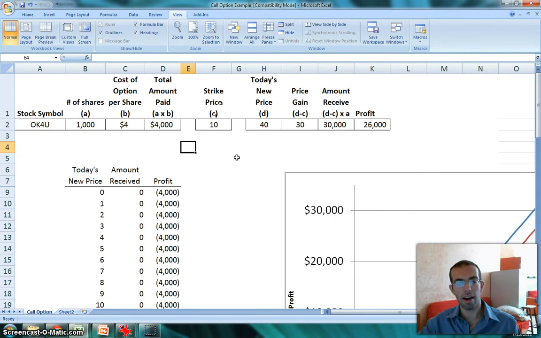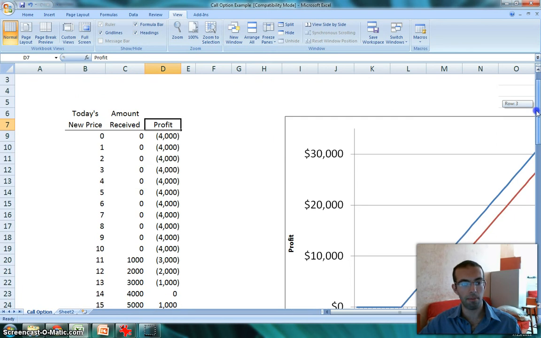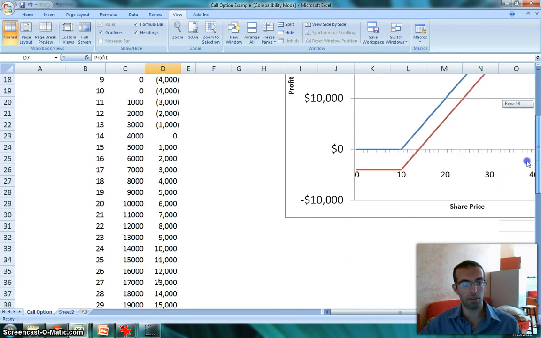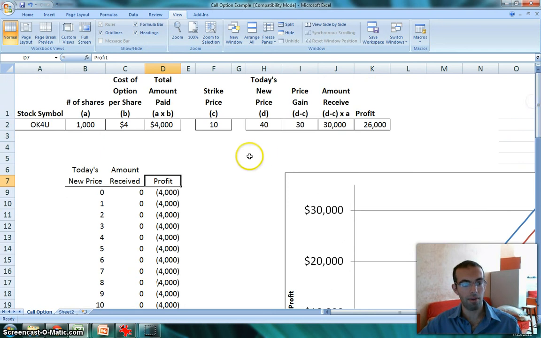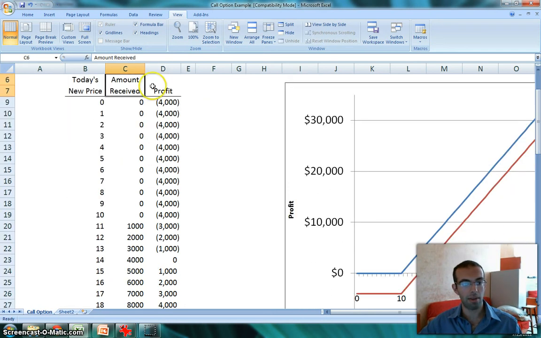So in this case, I'm zooming out a bit here, and in this chart down here, I did all the possibilities from today's new price from 0 to $50 to give you an idea of how your amount received would change. Now in this case, the amount received is going to be 0 when the stock's price, the new price, is 10 or less.